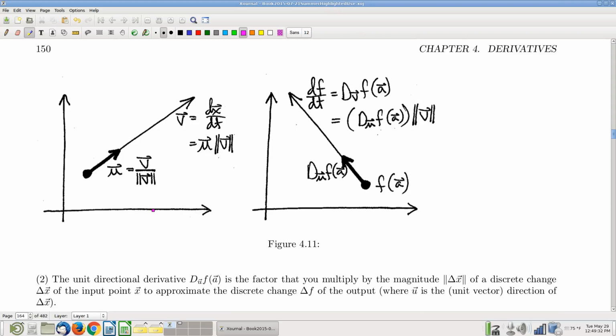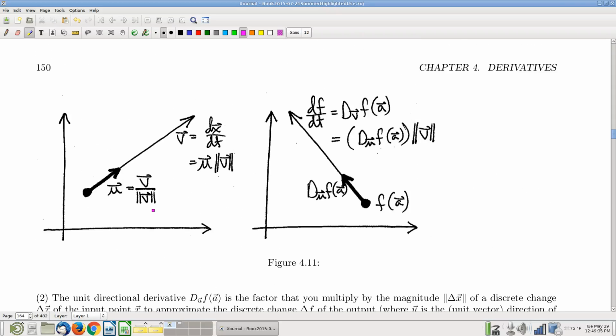Okay. Here's a picture. Talk about what's happening. So we found ourselves in this situation where we're moving with some input velocity. We want to know what is the corresponding output velocity. That is the directional derivative. Okay, but viewed differently, let's talk about this thing. That is the vector that you get by saying, okay, the velocity in the domain, fine, but here's the unit vector indicating my direction.